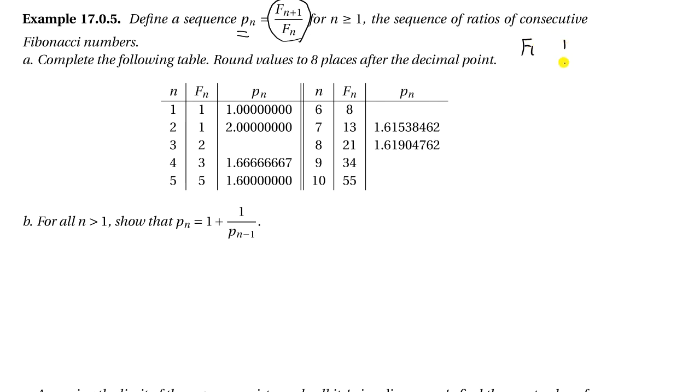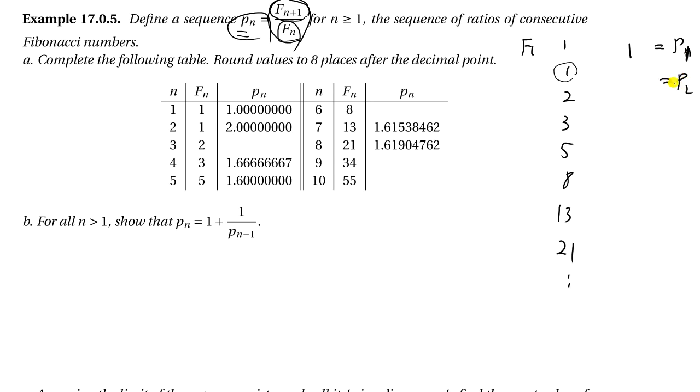F1 is 1, F2 is 1, F3 is 2, 3, 5, 8, 13, 21, and so on, right? Then Pn is F(n+1) over Fn, right? So Pn is the next term over this one. So it's going to be 1, right? So it's P1.